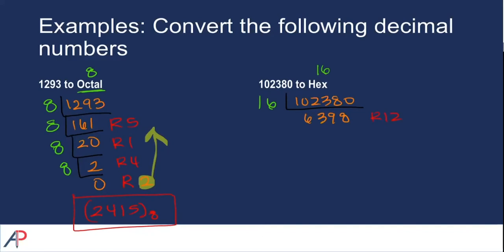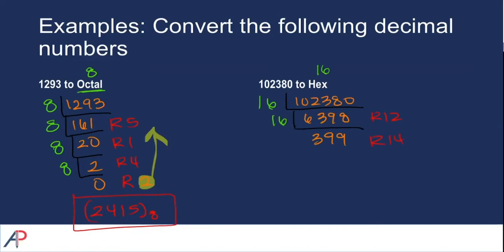Still a big number, but that just means that we have to divide it again by 16. So 6,398 divided by 16, we get that the quotient is 399 with a remainder of, what is this remainder? 14.